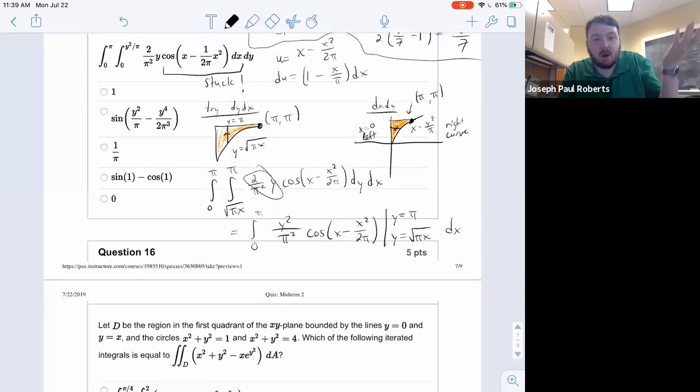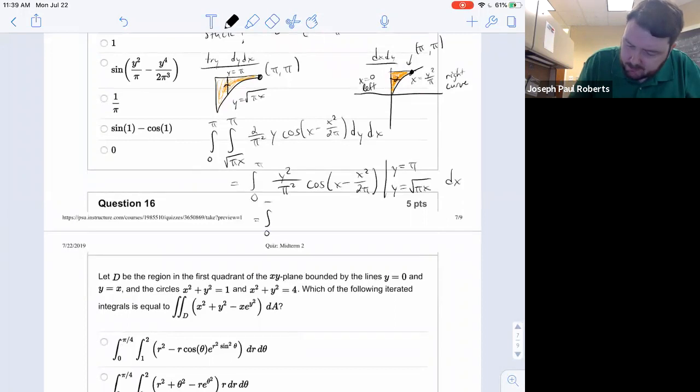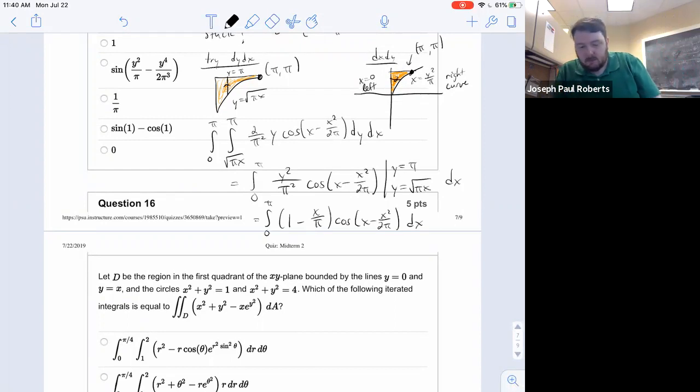So it's 2y times a bunch of things we're pretending are numbers with respect to y. And so then you get the integral from 0 to pi of 1 minus x over pi times cosine of x minus x squared over 2 pi dx. Right? Because pi squared over pi squared gives me this 1, and then pi x over pi squared gives me x over pi.